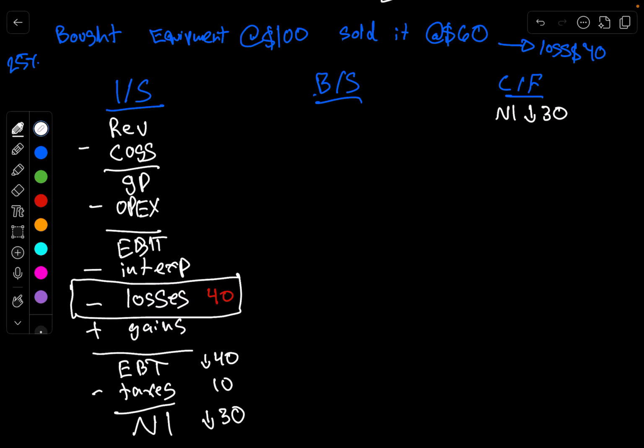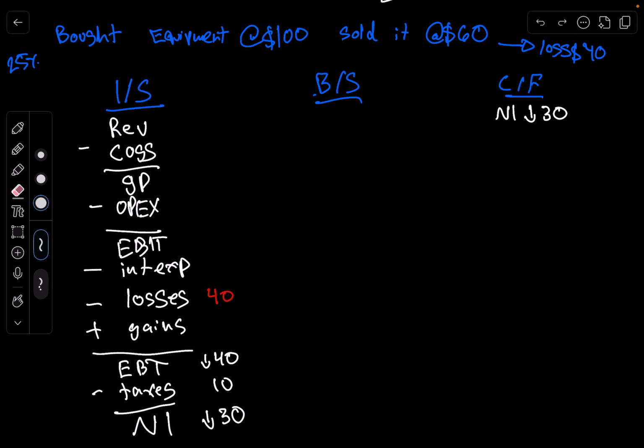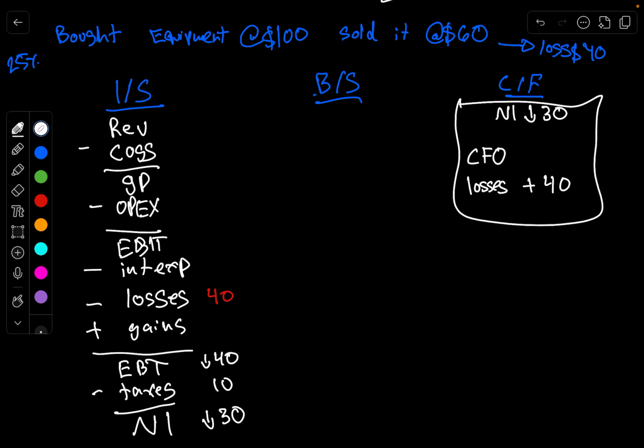Because of that, I need to make sure that I adjust for that on our cash flow statement, because this net income number is not representative of the actual cash change for that company. So we're going to add back under cash flow from operations the loss, because it's a non-cash loss. And then once we have done that, we basically just corrected this little bit here.